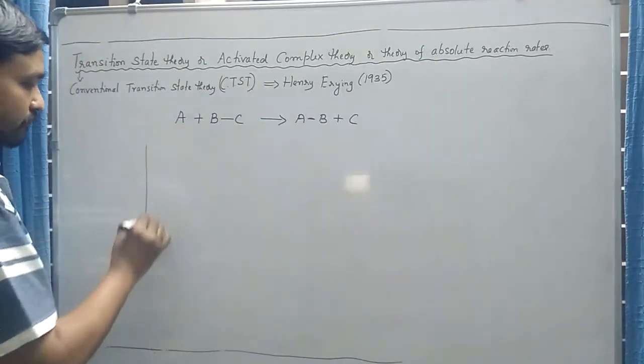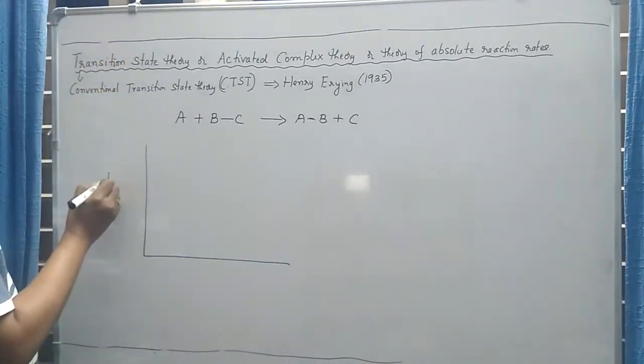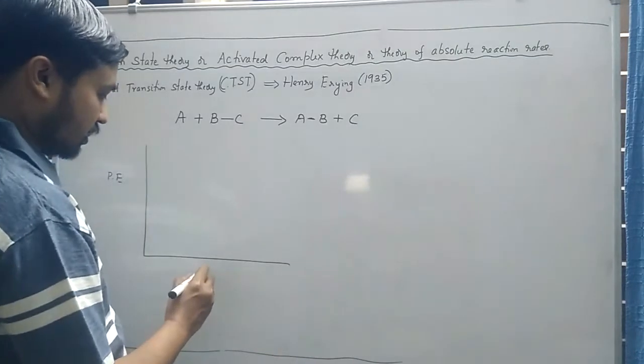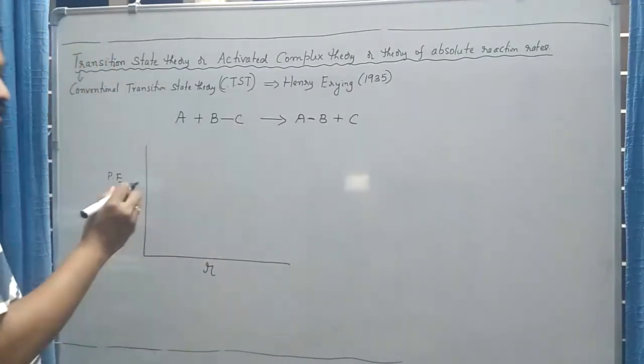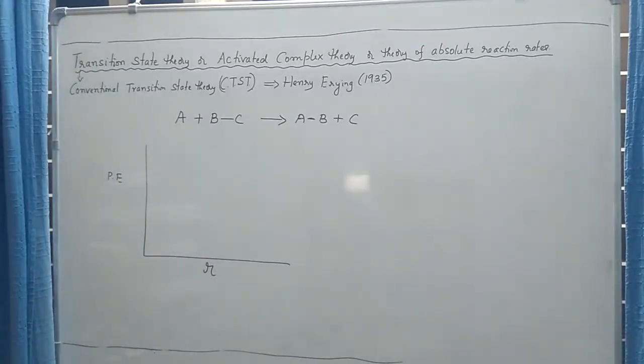The potential energy diagram for the reactant side. So this represents the potential energy, this represents the distance. So I have A plus BC.